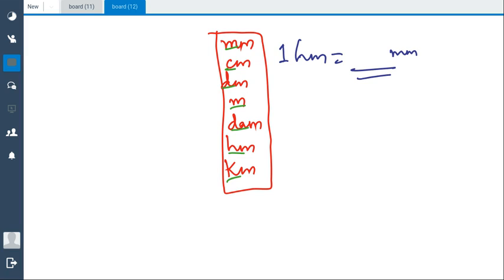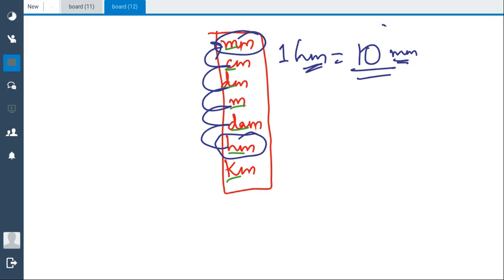Need to convert hectometer into millimeters. Which is the bigger unit? Hectometer. Millimeter is the smaller unit. So as I told you, first you write 10, then count the number of steps from the bigger unit to the smaller unit. 1, 2, 3, 4, 5. So the answer is 10 raised to 5.